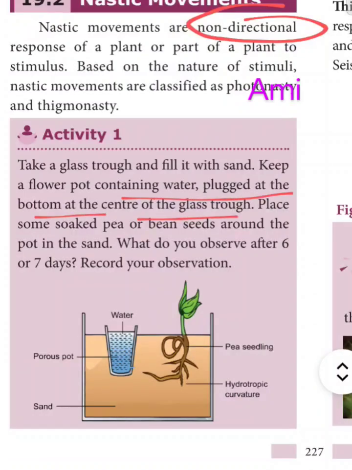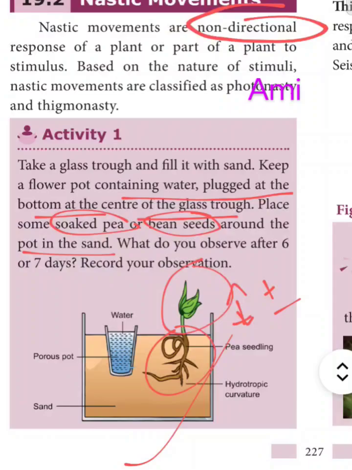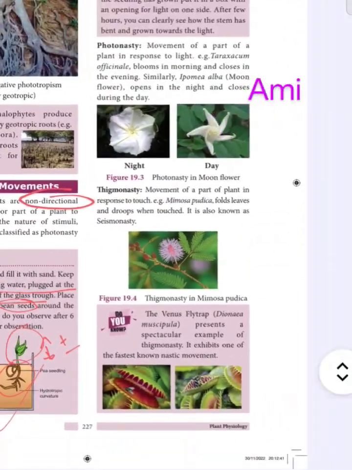Place some soaked pea or bean seeds and observe around the pot. What do you observe after 6 or 7 days? Record your observation. Do this activity and try to understand what kind of tropism you are able to observe, positive or negative, and the movements of the seedling shoot system and root system.